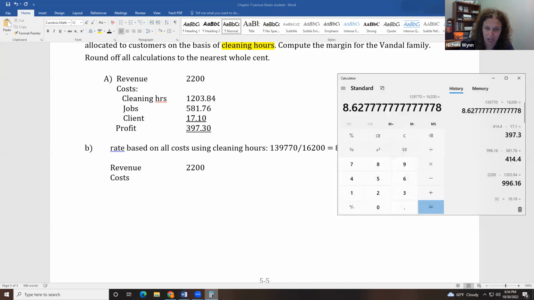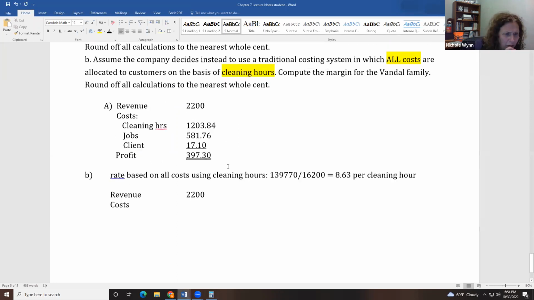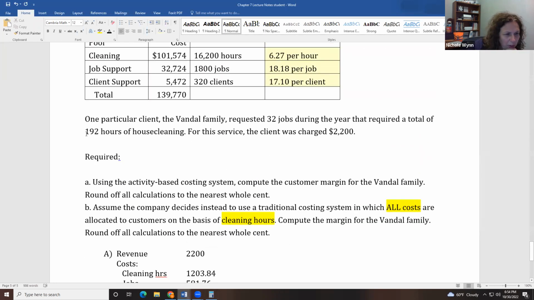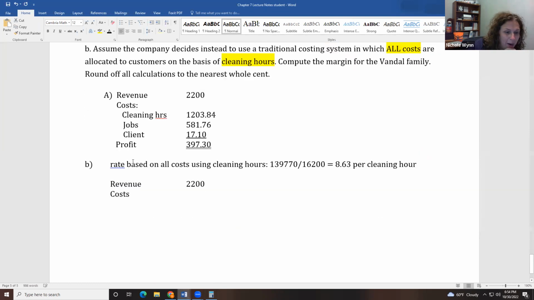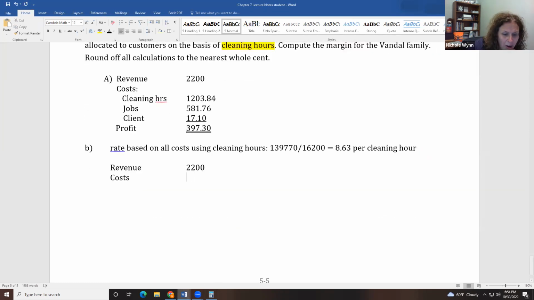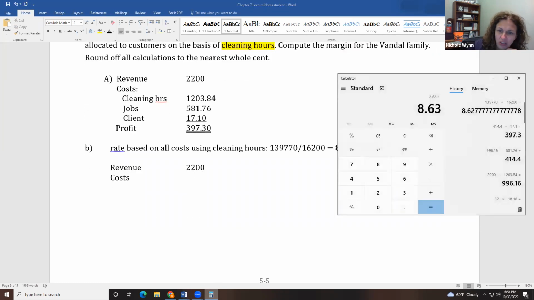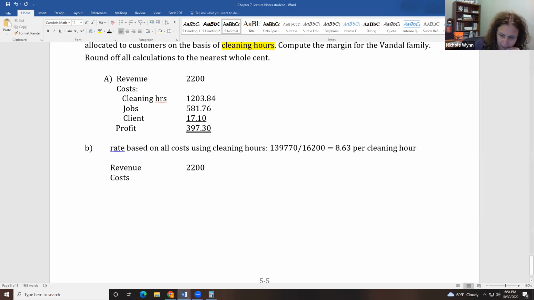So we take 8.63 times how many hours was the Vandal family? 192 hours. So all costs based on 192 hours is 1,656.96.